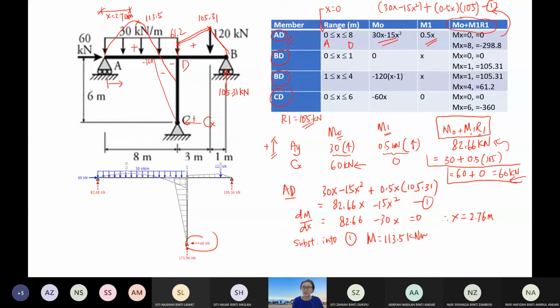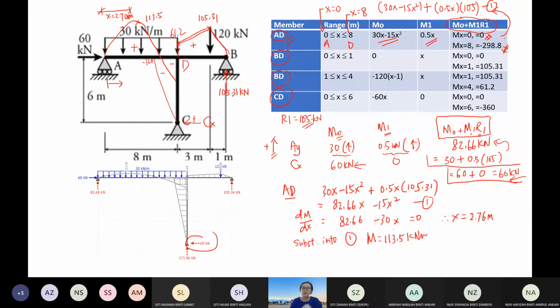Then you find that the moment is equal to 0, which is true for a roller or pin, so the moment must be equal to 0 at those supports. Then for D, you substitute x equal to 8 in equation 1, and you will find that this moment is equal to negative 299, for example.